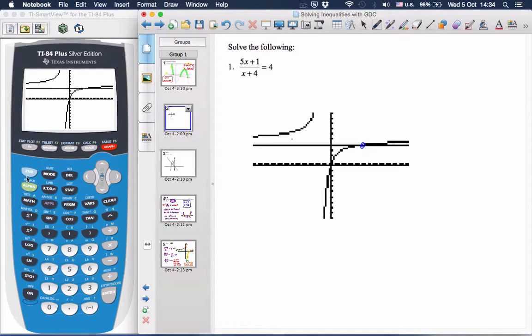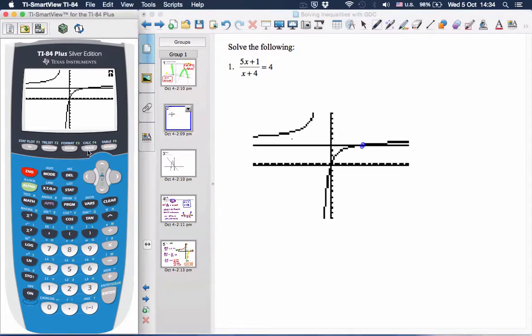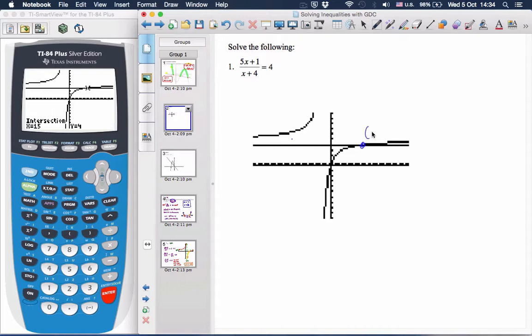So let's find the intersection. Press second trace 5, enter, enter, enter, and you get 15 and 4. So the coordinate here is (15, 4). And the x value is what we really care about in the solution, right? And I also know from looking at the denominator here, the vertical asymptote is at x equals -4.